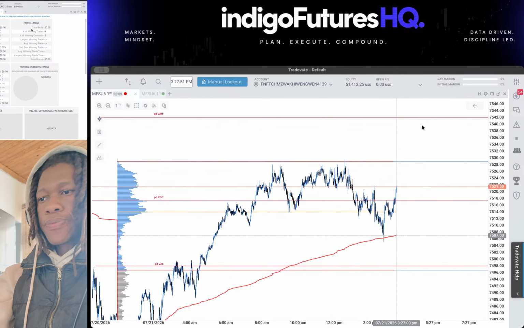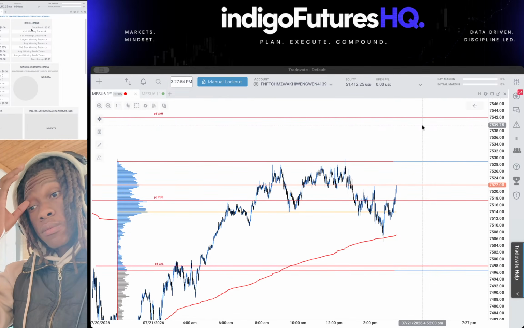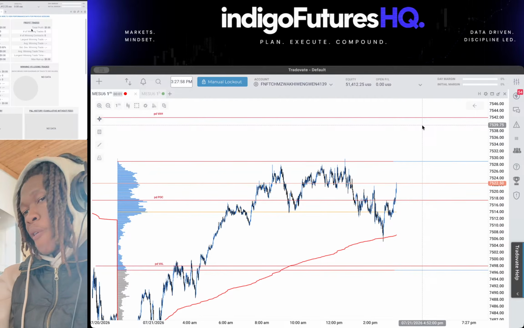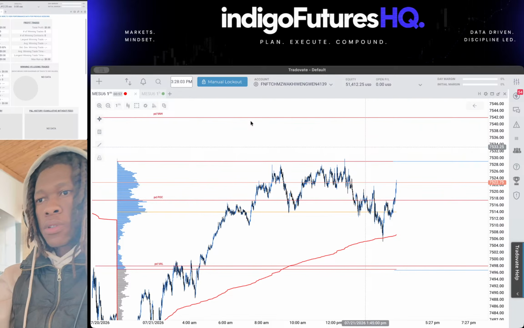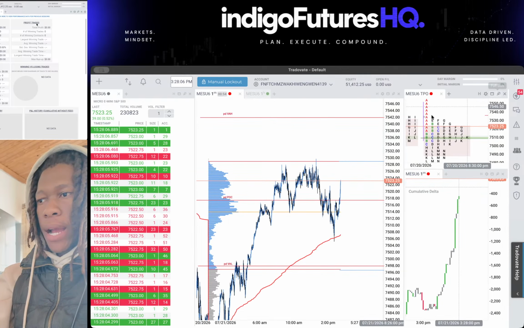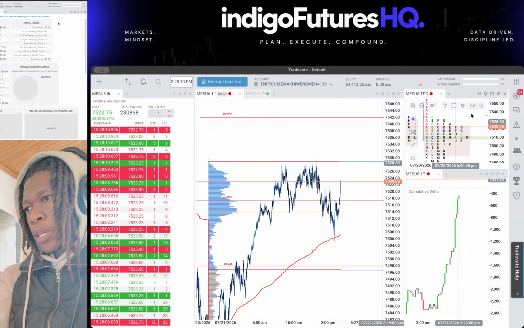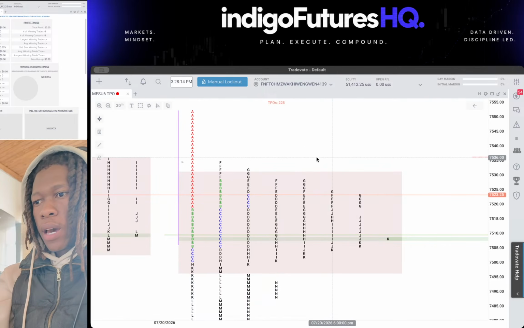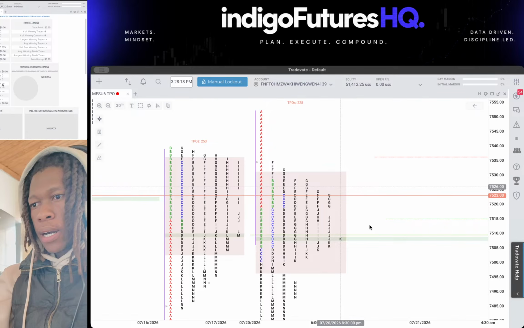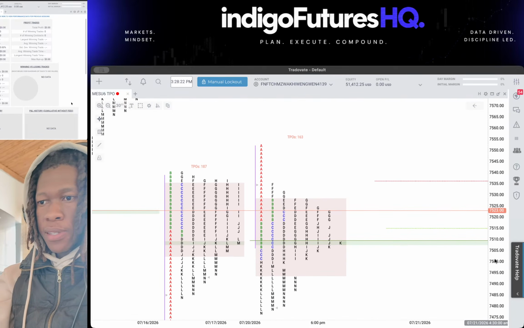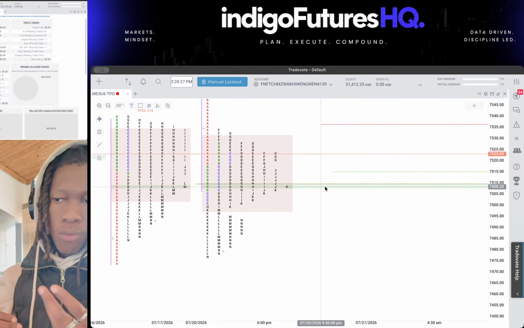So, 2 minutes until the open. Something that I said we would do is we would also look at the time price opportunity and mark the TPOC, which is the point of control, but by time.